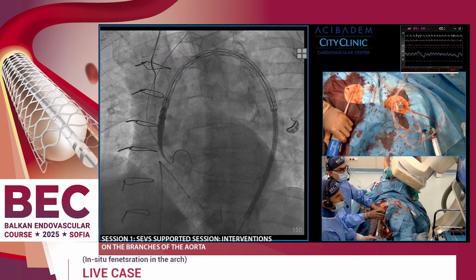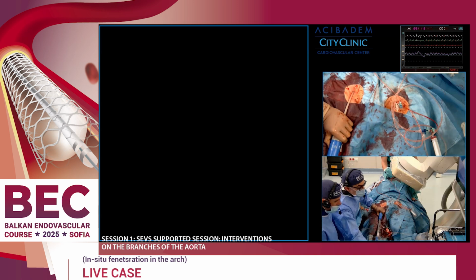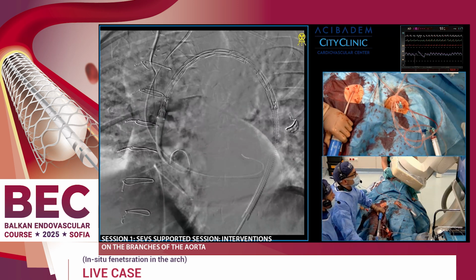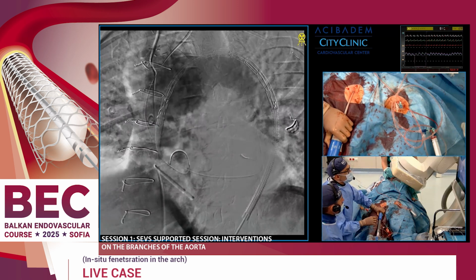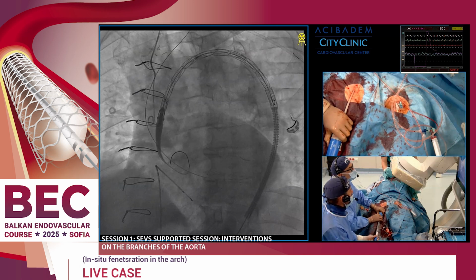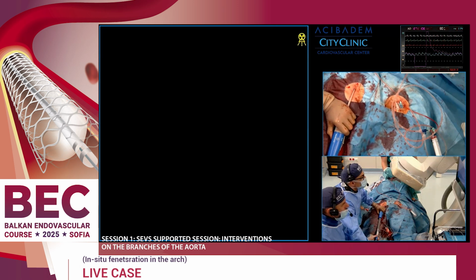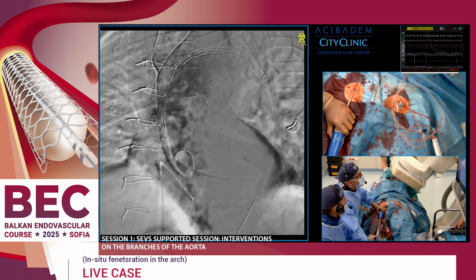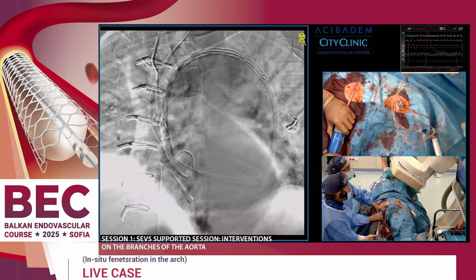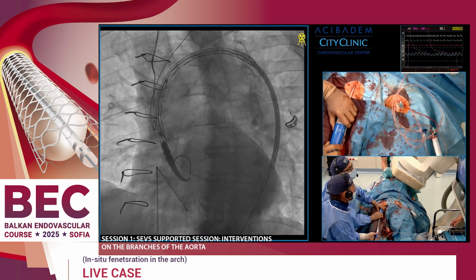Super. I want to make an injection in order to be sure that we are... It's possible to go a little more. Yes. And with tension. Little more. A little bit more. Pigtail.